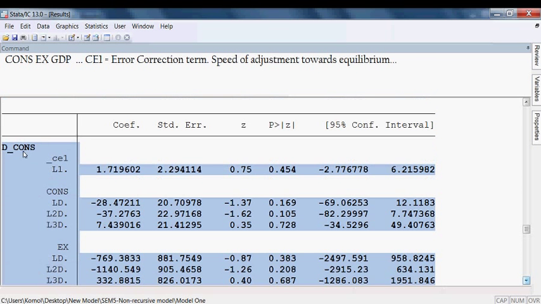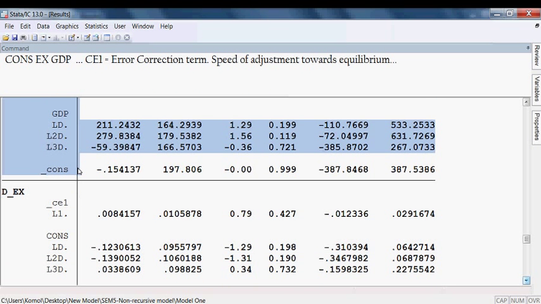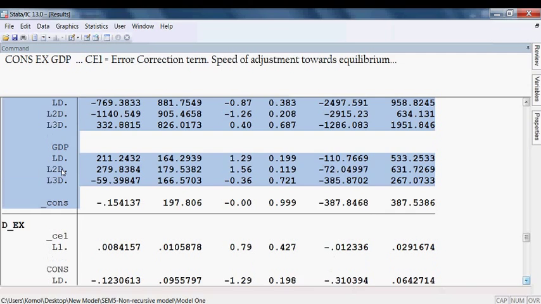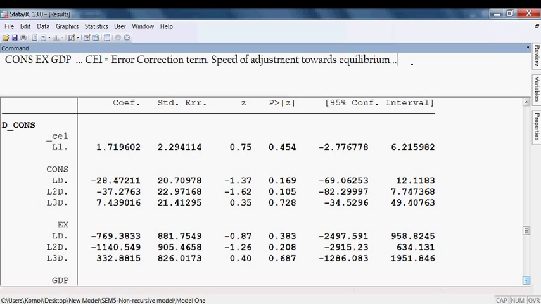That means from here to here we shall only consider, because cons is our dependent variable for this model, right? So we shall concentrate only here, because cons is the dependent variable. Okay, now there are two issues.